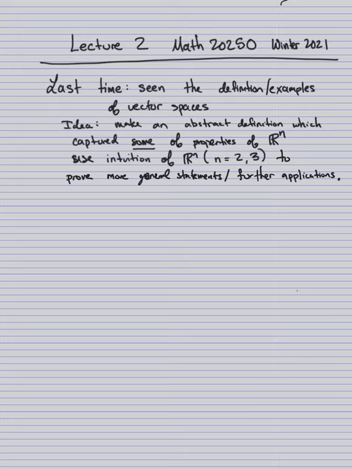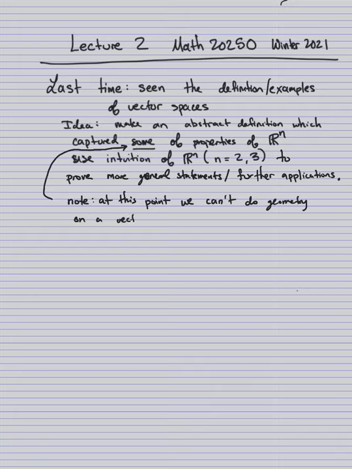So let me just say something here, since I want to say some of the properties of Rn. Note that at this point, we can't do geometry in Rn, or at least on a vector space.